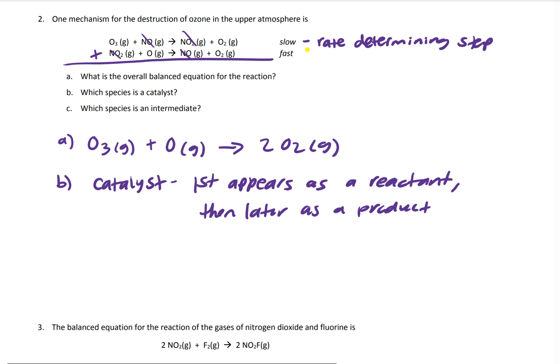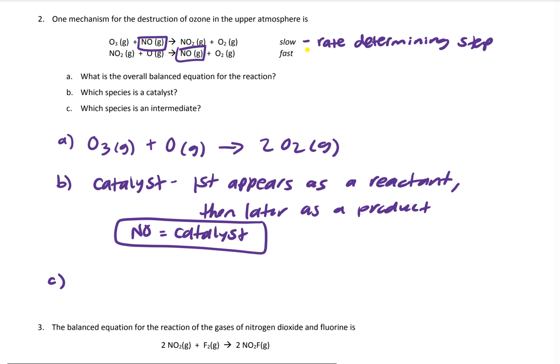So I'm looking for one species that first appears as a reactant but then appears as a product, and that's going to be our NOs right here. NO and O. And catalysts always end up getting canceled out of that mechanism to get the overall stoic of your reaction. So our catalyst is NO.